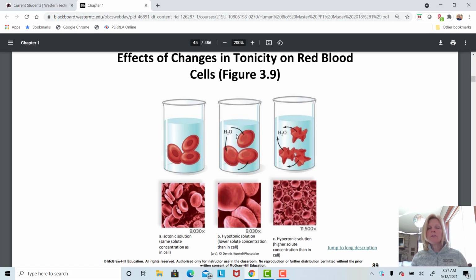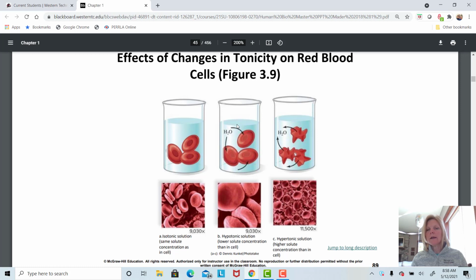But if I threw those red blood cells into pure water and not plasma, what would happen is your red blood cells would take on water because there's more water outside the cell than inside the cell, and that water is going to flow in, and it's going to cause them to burst. So the solution outside the red blood cells is called a hypotonic solution because it has more water than inside the red blood cells.